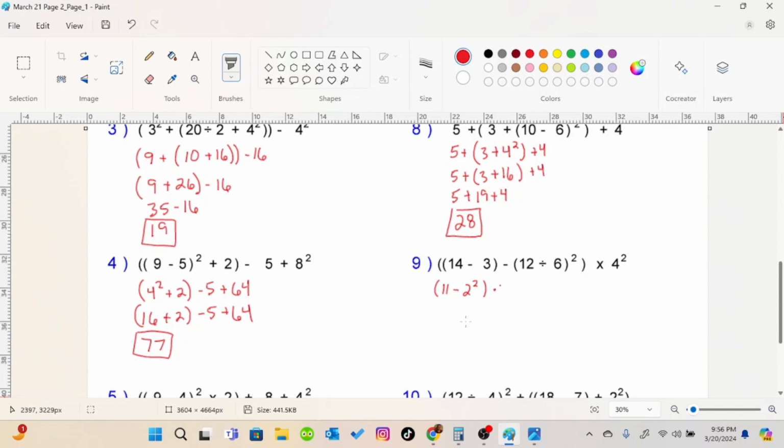And 4 squared is 16. 2 squared is 4. 11 minus 4 is 7. And 7 times 16 is 112. Final answer.